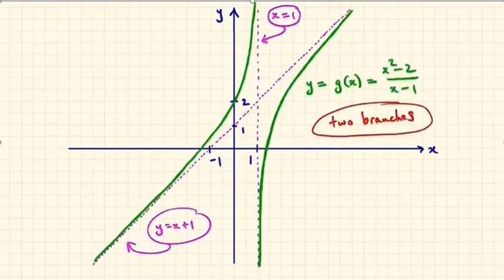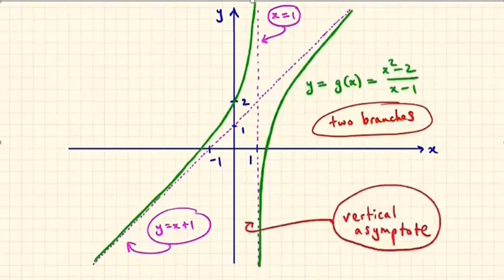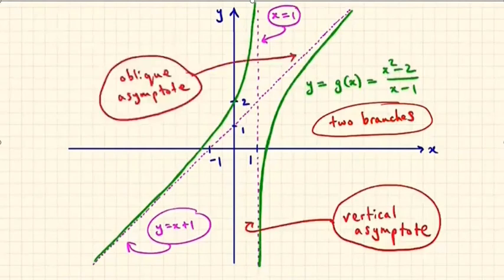The line x equals 1 is the vertical asymptote, and the line y equals x plus 1 is the oblique asymptote, which becomes a better and better approximation to the curve the further you are away from the origin.